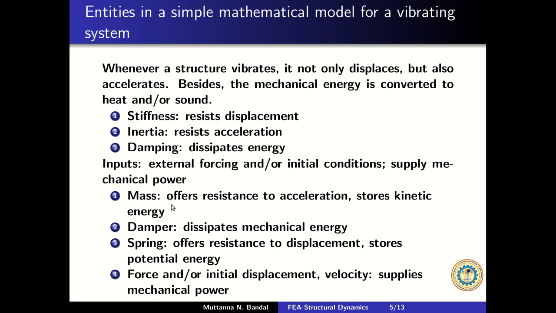Also the mass offers resistance to acceleration and it stores kinetic energy. Suppose I take two spheres of different mass, one of say 100 kg and another of 10 kg, and I allow the two spheres to roll down a slant height.